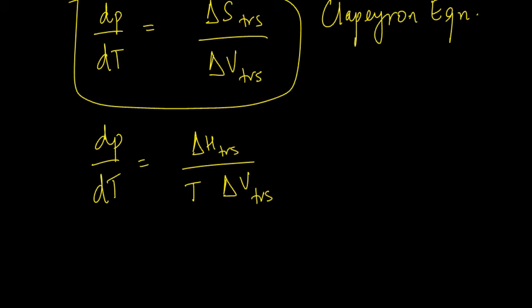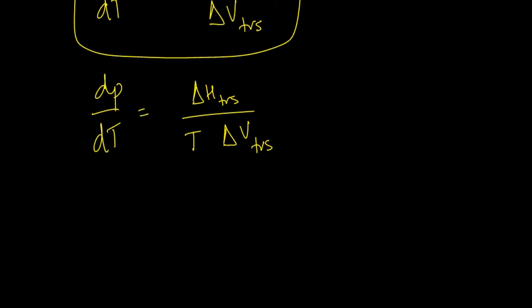If I can write like that, let's examine the three different transitions that you see: solid to liquid, liquid to gas, and solid to gas. Let's have a look at how we can actually quantitatively define these transitions. So we go to the solid liquid phase transition.